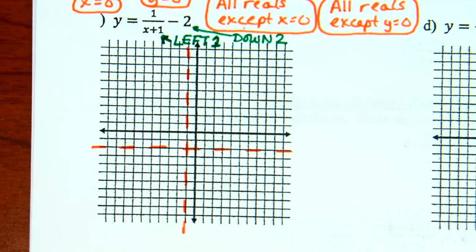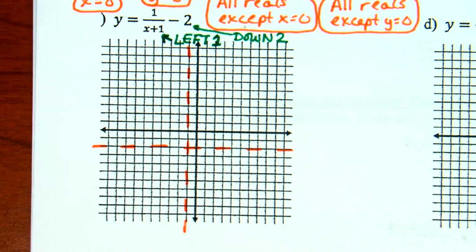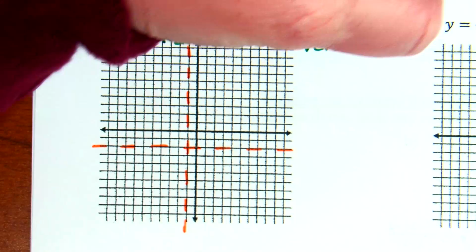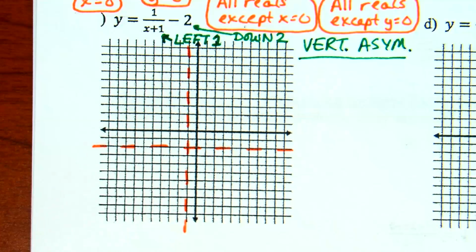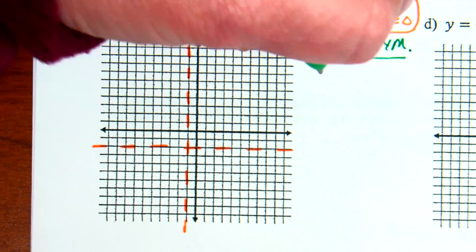Now, with that in mind, could you go ahead and tell me the equations of your asymptotes? I didn't catch if you got those pieces together. Let me ask this first. Which one's the vertical asymptote? What's that equation? It goes through -1 on the x-axis. So the vertical asymptote is x equals -1.